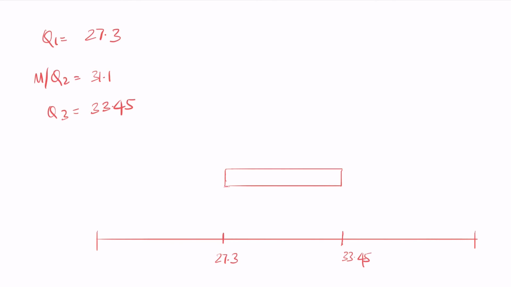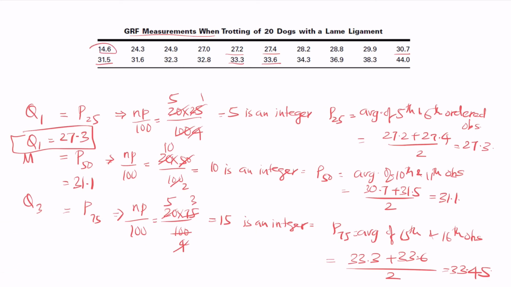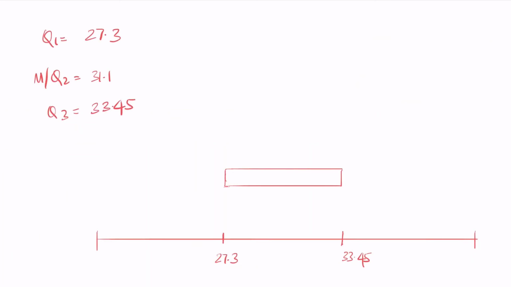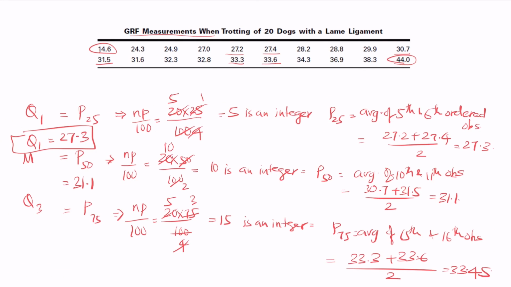Whiskers represent the extreme values. So what is the smallest value here? So the smallest value is 14.6 and the largest value is 44.0. For example, let's say that this is the smallest value in the scale, 14.6, and the largest value is 44.0.